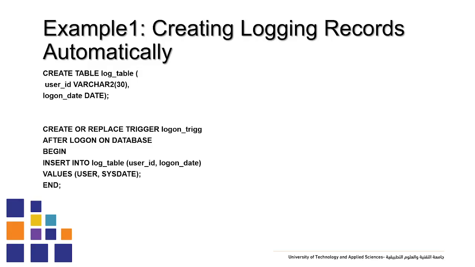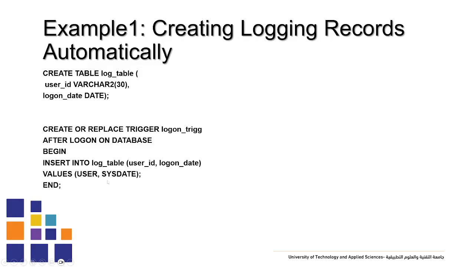Right, so we know already the key concepts of this one. USER is the Oracle function that returns the current database user, such as the login user Scott or anything that you have created on your database management system, or DBMS. SYSDATE is an Oracle function that returns the time of the database server.